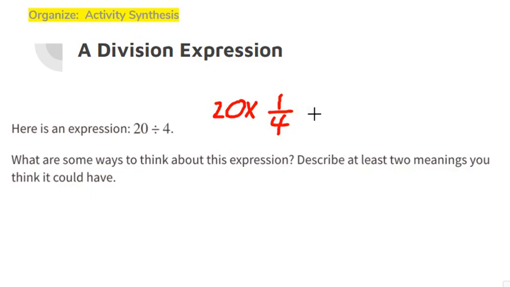How many would you make there? So you can think of dividing by a whole number as multiplying by the reciprocal. And reciprocal is just thinking of the fraction and flipping it. We'll talk more about that as we get in.